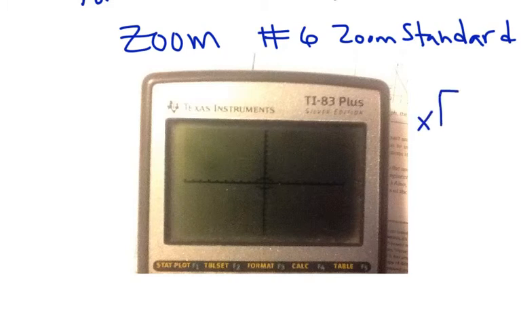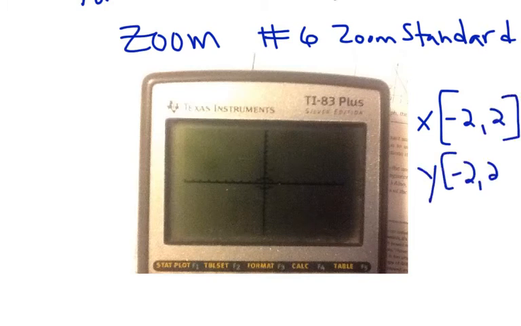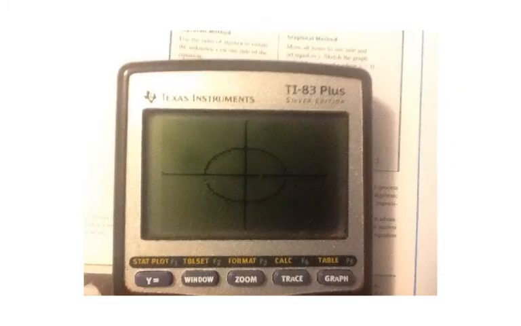So maybe we'll make our x values go from negative 2 to positive 2, and our y values go from negative 2 to positive 2. When I make that change, now that circle is much bigger on the screen. It looks a lot nicer. You just have to remember that your tick marks are 1 and 2 over here, negative 1, negative 2 here, 1 and 2 here, negative 1, negative 2 here.